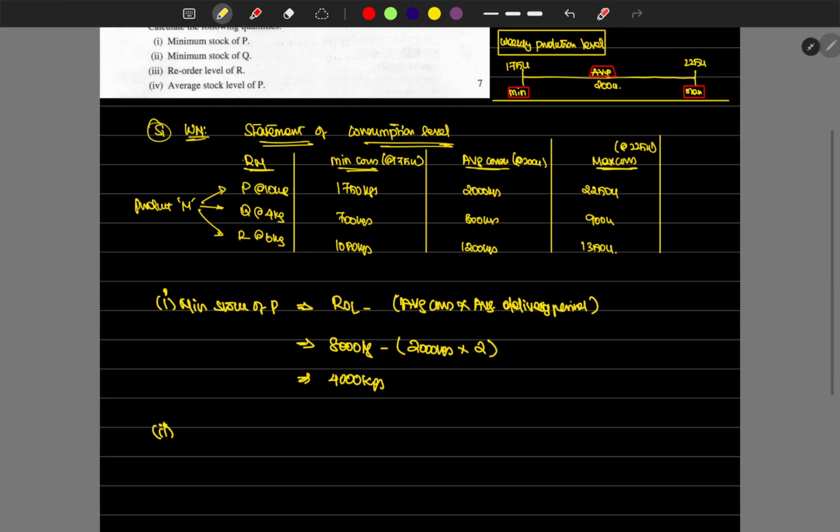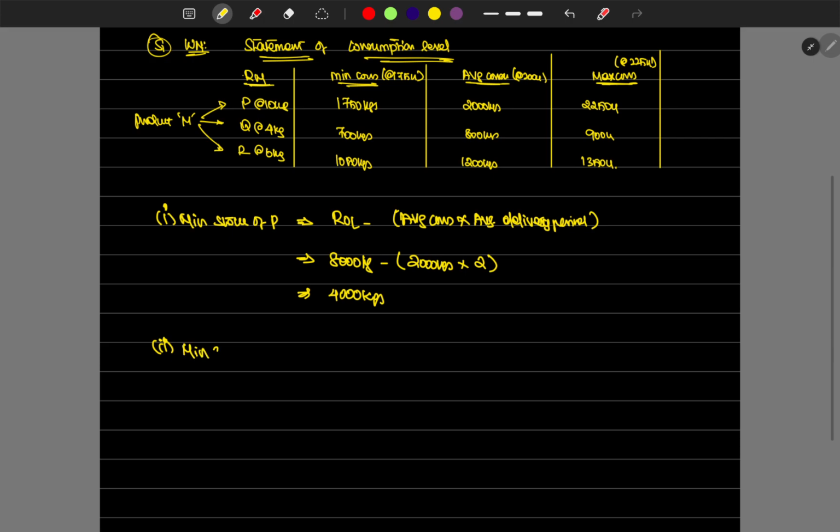Next, the minimum stock of Q. Same formula, but the concerned details should be taken.